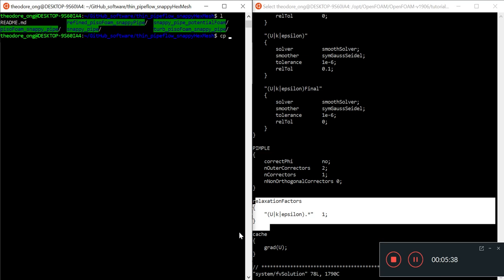And I want to do a cp -r refined snappy pisoFoam pipe, and I want to put it in pimpleFoam snappy pipe. Okay, so that's pimpleFoam snappyHexMesh in a pipe flow. So let's just do that. It'll take a while to copy and paste. Hopefully I have given it the right syntax.